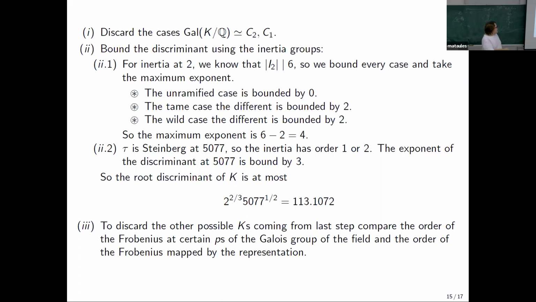Okay, and then in step 3, what you do is you take the probabilities and some elements and compare the orders. You compare the orders in the extension you have, and you compare the orders of the image of the representation. Then when you discard cases this way, since K must exist, it will be the last extension that remains. So I'm not expecting you to understand everything, but that is the process.